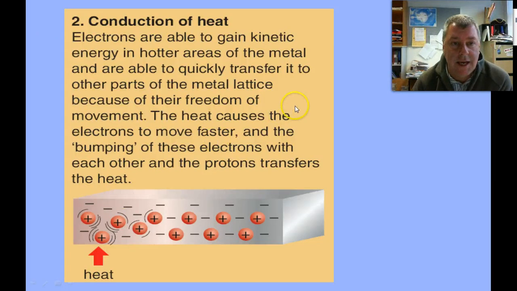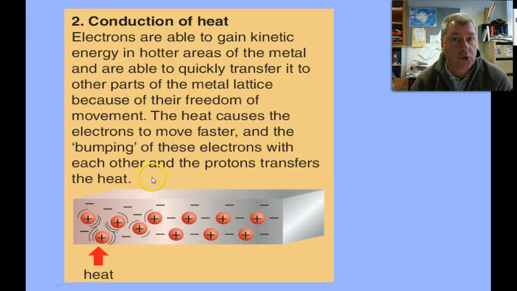Yes. Conducting heat was a property. So how does it work? Well, here's our metal rod, here are our delocalized electrons and cations. We heat this end, which causes the cations to vibrate, and that causes the electrons to vibrate, and the electrons gain kinetic energy.